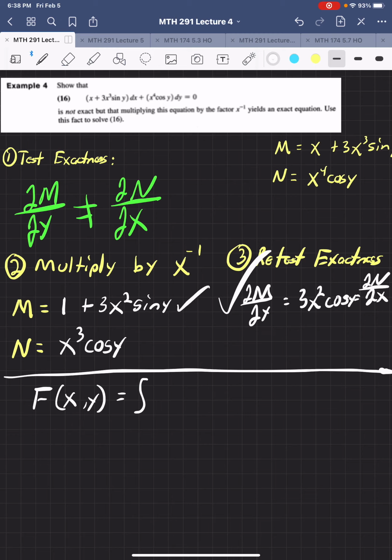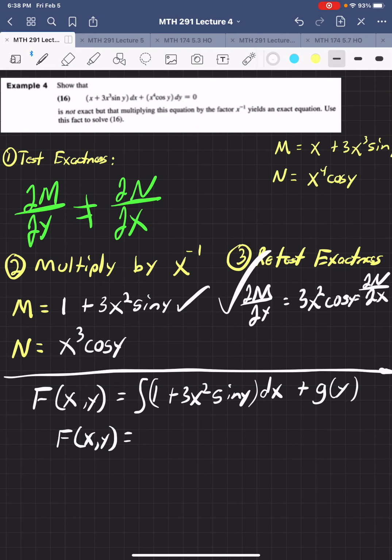I'm just going to integrate M. So that's 1 plus 3x squared sine of y. And since we're going to integrate M, we're going to integrate that with respect to x, and there is that constant. Okay, so let's go ahead and do that integration.